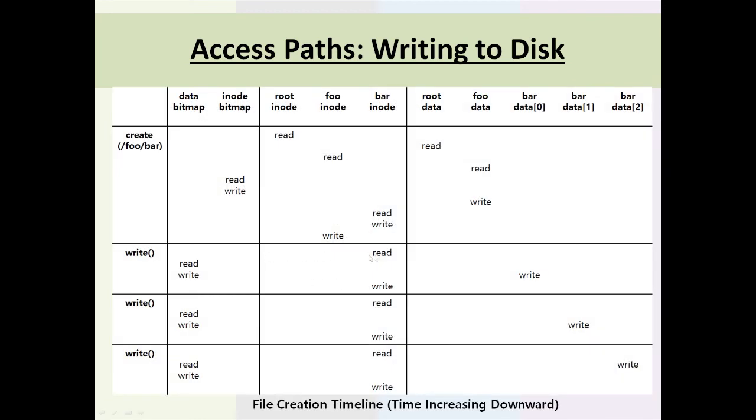First we read in the inode of the file, and then we first read which blocks are available and which blocks are empty, and then we write to it to update that. And then we actually do the write to the data, and then we write to our inode, indicating that we're pointing to this patch of data. And then this process happens 2 more times, and that's basically the 3 different writes that we perform.